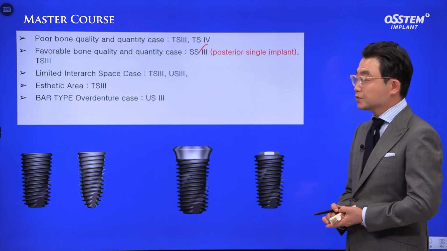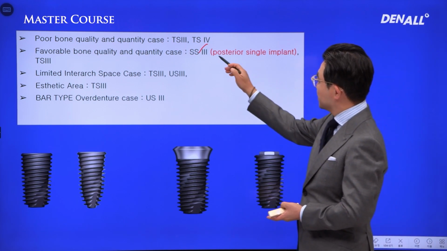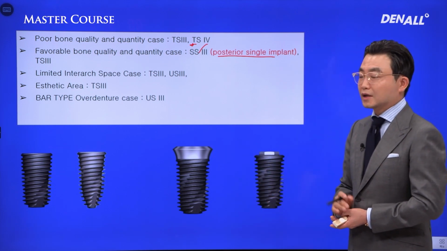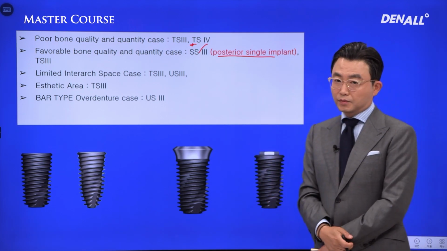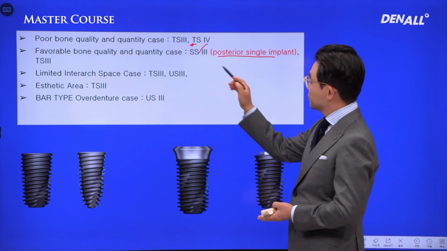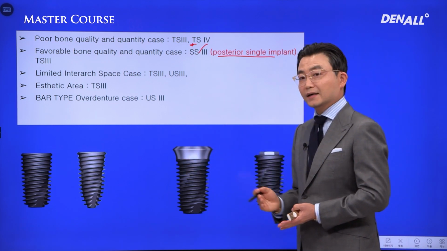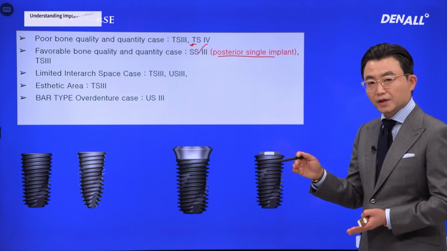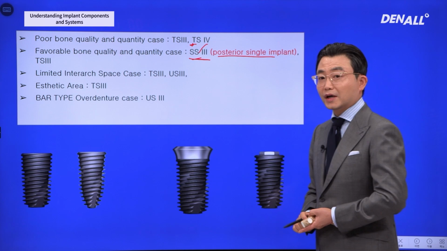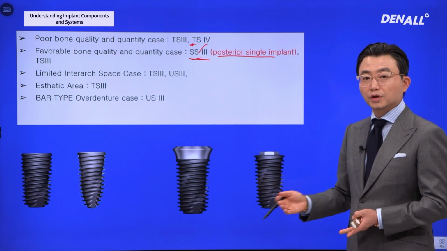So if all the conditions are the same, any implant would do. But for the posterior single implant, TS4 is my recommendation. Especially if occlusal force is really strong for number 6 and 7, SS, I do believe, has structural stability.